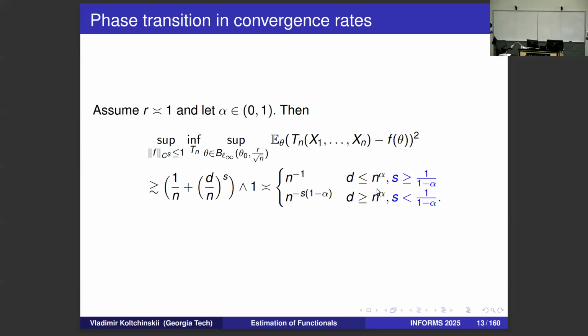You can write what will happen if you have other conditions, but under standard regularity, you will have two, right?